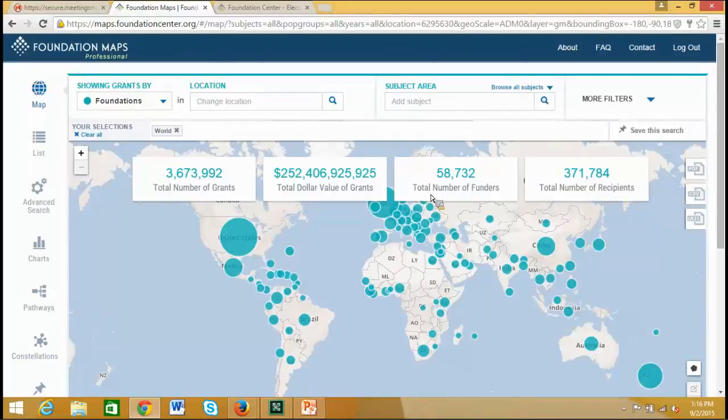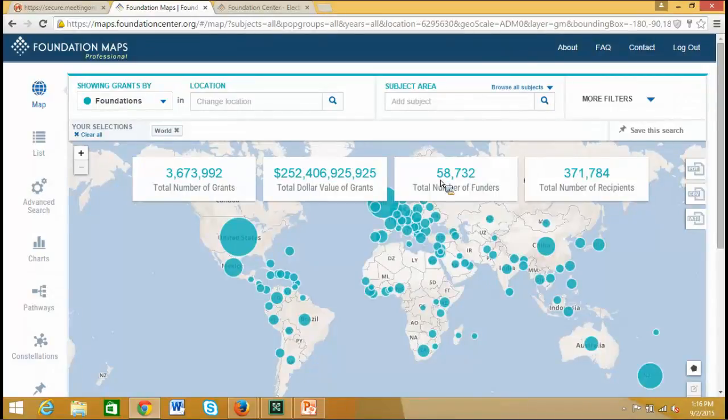Very soon, I don't even think I put this in the coming soon section, it's even more exciting than anything we have. We're going to be getting all the data from all U.S. foundations. Right now, there are something like 87,000 foundations in the United States that are currently operating, and we'll be able to process all of the data from all of those foundations. So you'll actually see this number go from 58,000 to something like 120 or 130,000 funders by the end of the year.